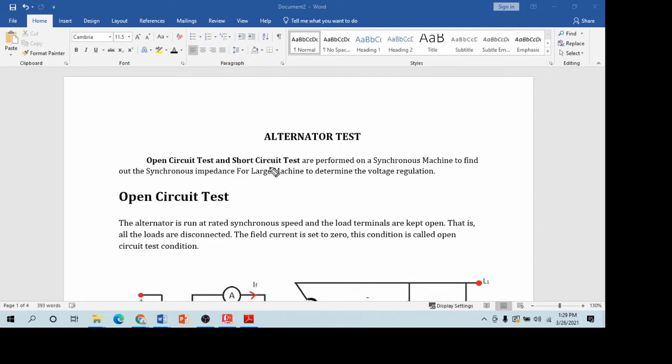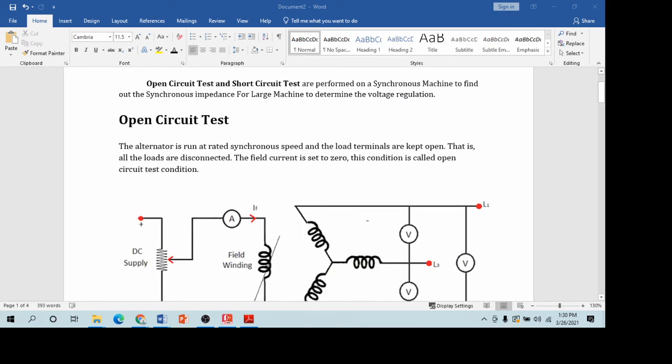These tests are performed on the synchronous machine to find out the synchronous impedance for a large machine and to determine the voltage regulation, which is the main purpose. First, we discuss the open circuit test.